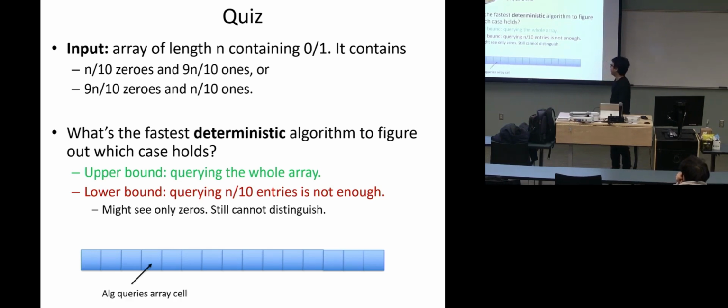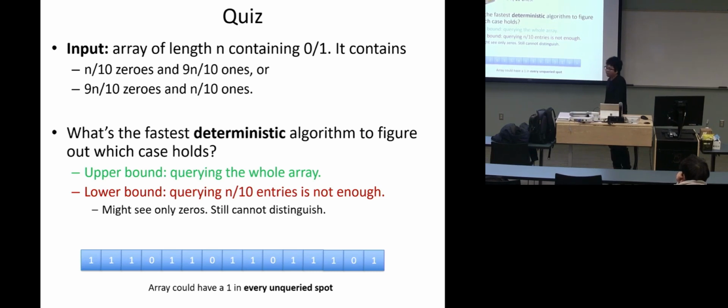I query this, get 0, and the next one is always 0, again and again. But I still don't know the rest. With this, it can still be either of the two cases. It can be that everything else is 1, or that most of them are 0.